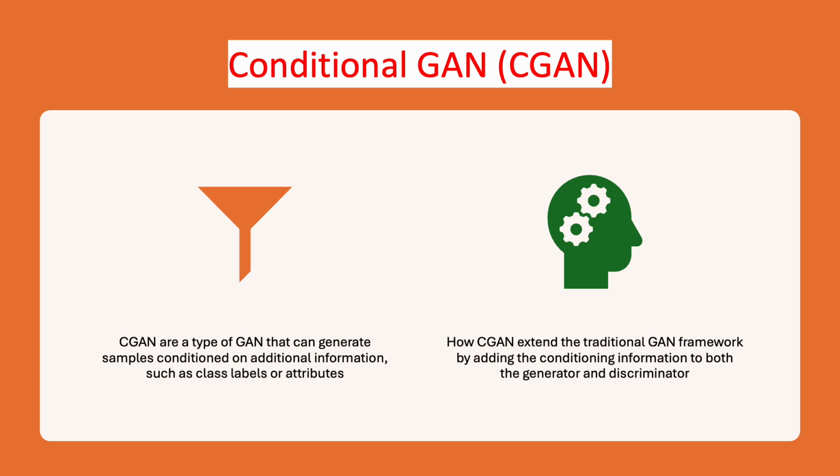CGANs extend the traditional GAN framework by permitting the generator and the discriminator to be conditioned on additional information and can be used in various applications, such as inventory control, to generate synthetic and controllable data. The generator and discriminator in the CGAN are constantly improving their strategies and adapting to each other's moves, and the result is a generator that is able to generate high quality data and a discriminator that is able to accurately evaluate its quality.